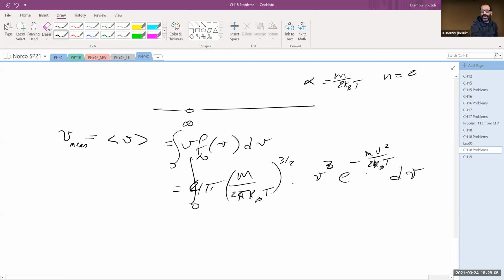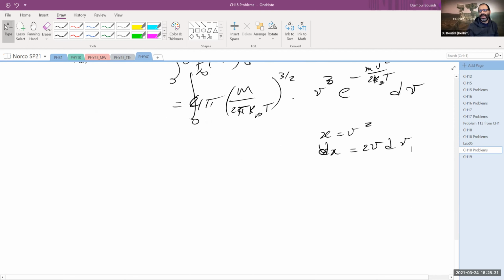So when you do that, you note the following. First of all, you're going to call the variable x to be v squared. That immediately will give you dx equals to 2v dv. So one of these v dv's is going to be dx divided by 2. The other v, which is v squared, is just going to be part of the definition now, that is going to be x. So you're going to end up with an integral.